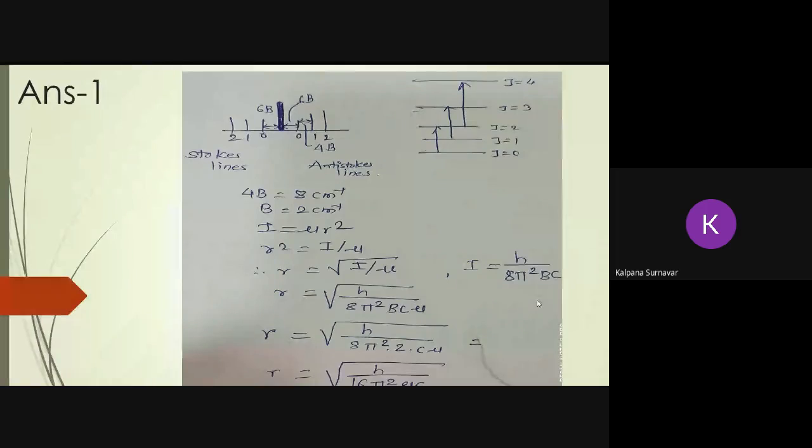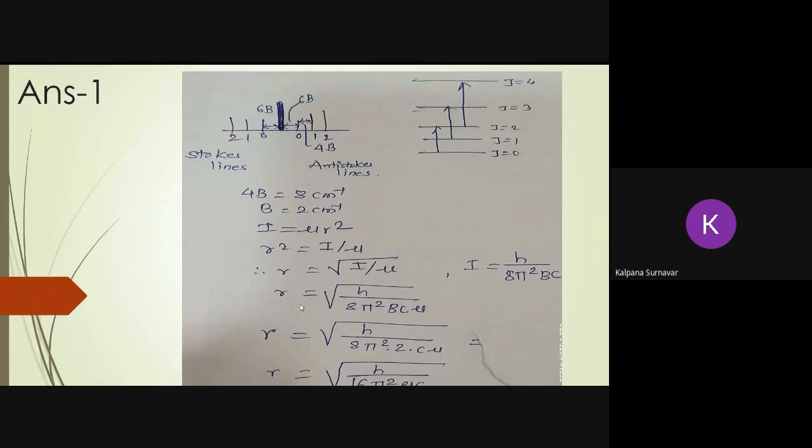These two terms are vice versa; you can find either I or B. Here B is given in the problem, so you can easily calculate the value of I. So the moment of inertia is equal to h upon 8 pi square B c.